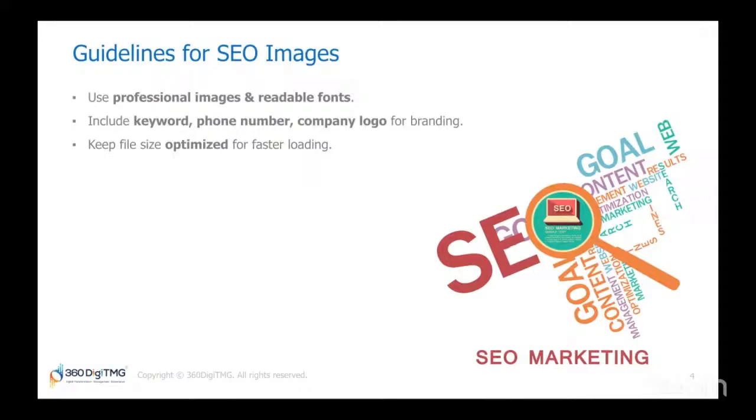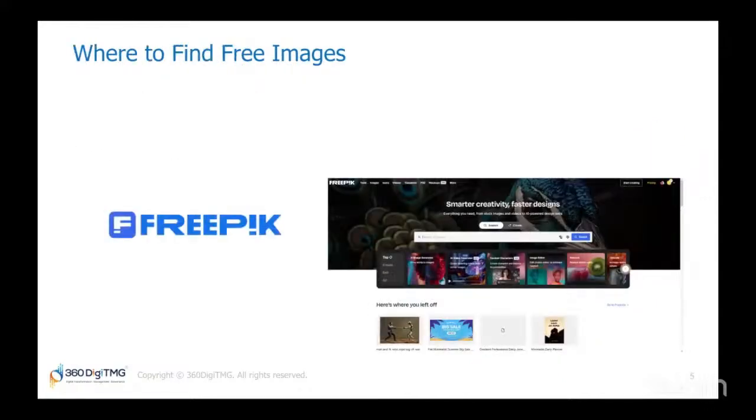What are the guidelines for SEO images? We need to use professional images and readable fonts, include the keyword, phone number, and company logo for branding, and keep the file size optimized for faster loading. These are the guidelines for creating the images.